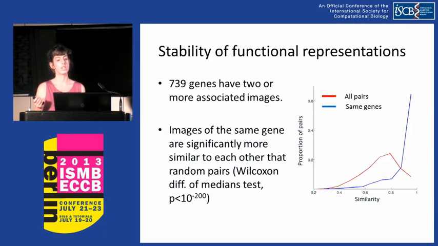We looked at similarity scores for pairs of images that come from the same gene and then random pairs of images. And of course, same gene images got much higher scores than just a random pair. So that was a good sanity check.